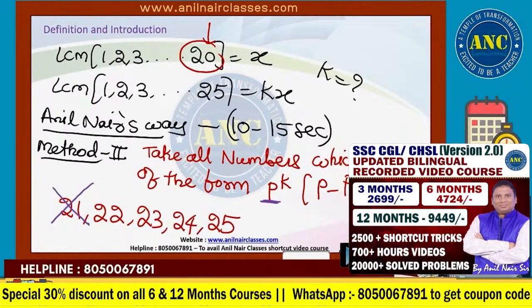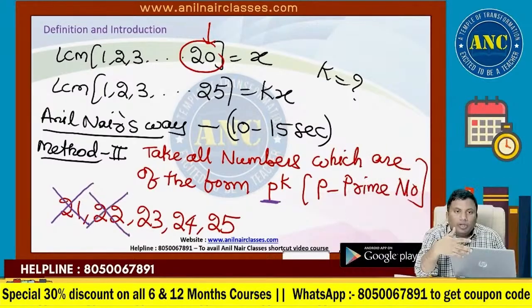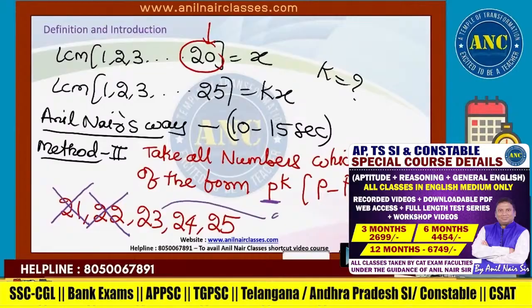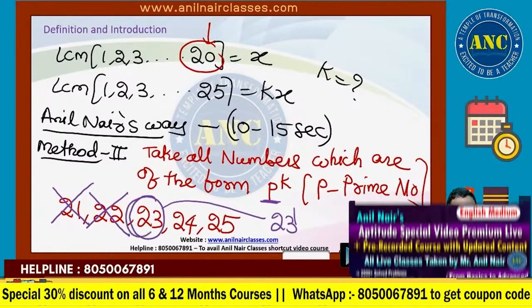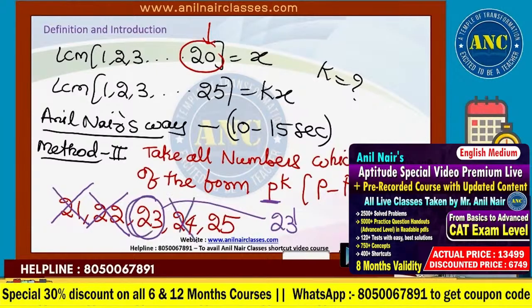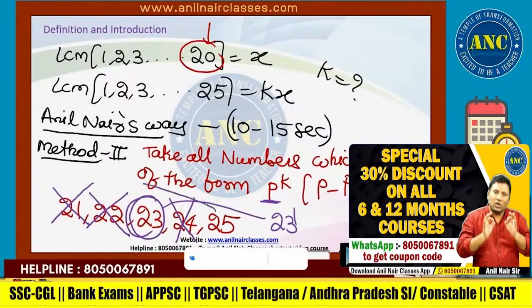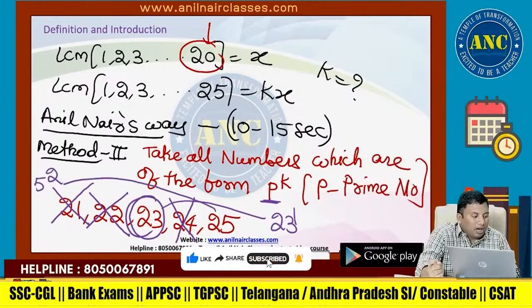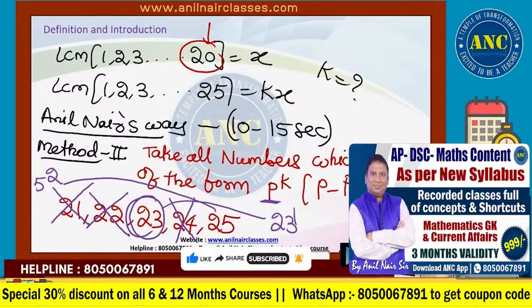There should be a single power of a prime number. 22 is 2 into 11. 23 is 23 power 1. Yes, I will take. 24 is 3 into 8. I will not take. 25 is 5 square. Only one power of 5 is there in the question.